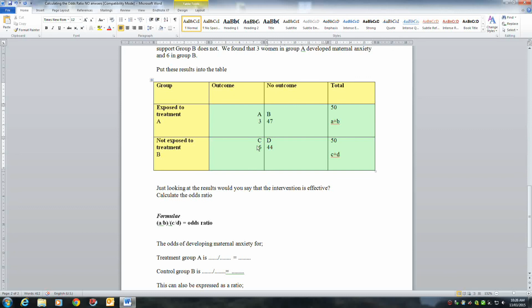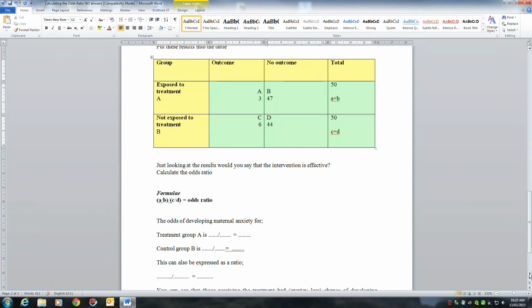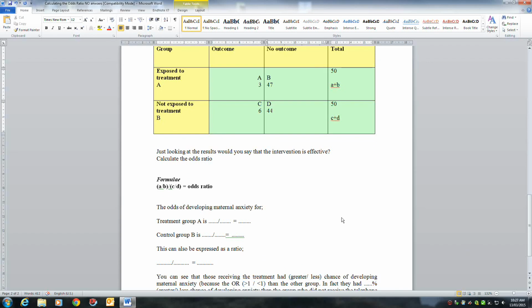We've got more women getting the anxiety in the group who didn't get the treatment. So, we can already start to intuit that it probably had some positive effect, and we'll find an odds ratio that reflects that. So let's go down and put the numbers in to work out the odds ratio. So remember, it's A divided by B, and that is 3 divided by 47.